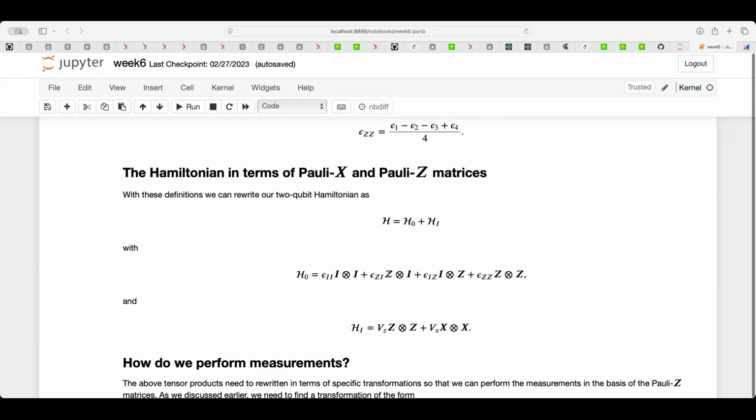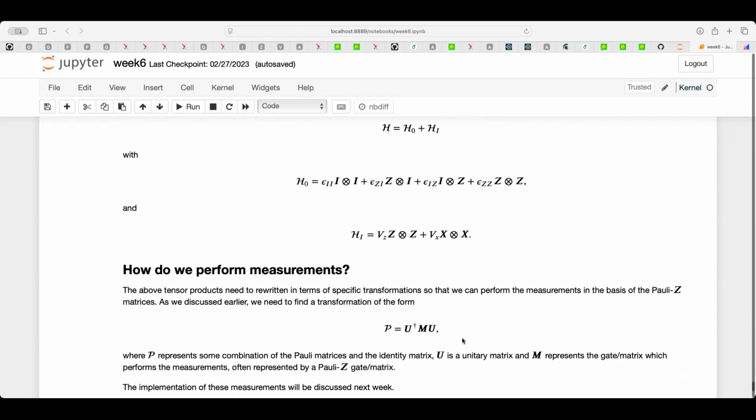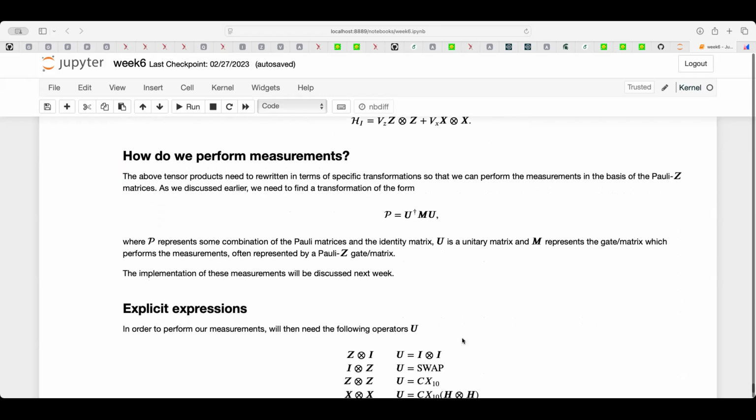So this case is pretty simple because we are going to make the measurement in the basis of the first qubit. And you will see that next week when we break this down in terms of the computational basis which we have. But then we need to change this one to a Z basis in the first qubit. This is a Z times Z, and then we have Z tensor product Z and V of X tensor product XX. So how do we perform the measurements?